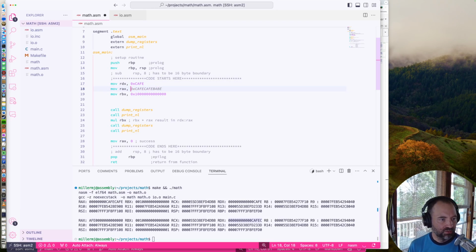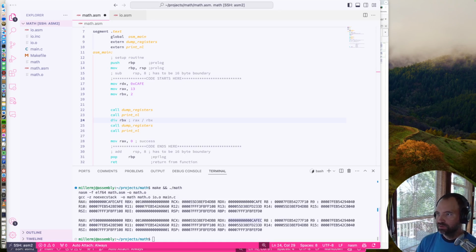So let's say we want to take the number 13 and we want to divide it by 2. So that we'll take, in this example, RAX divided by RBX. And then we have the results.